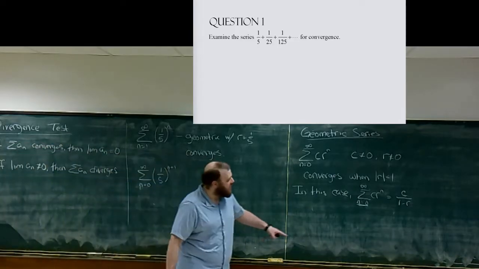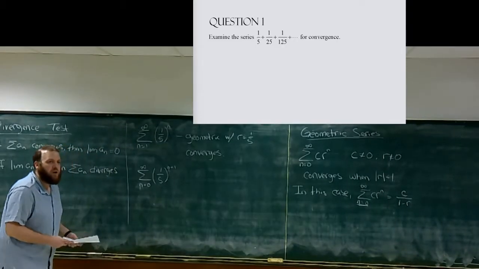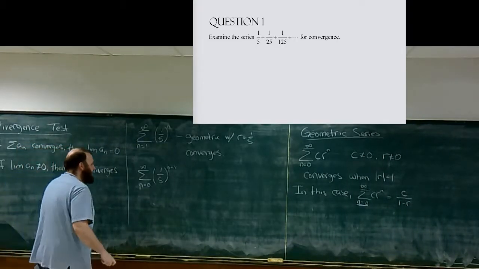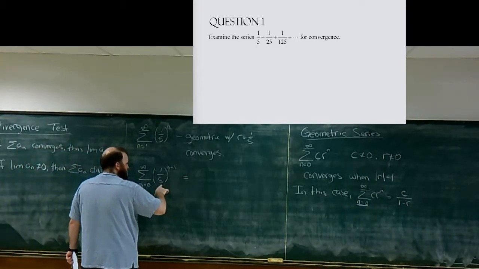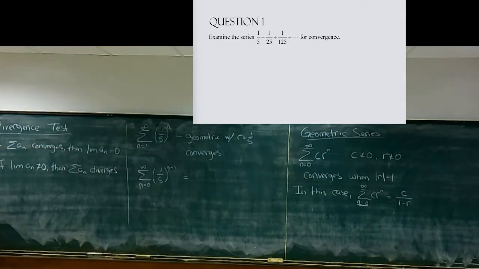Okay, well, I'm still not in this form. But 1/5 to the n plus 1. If you have a to the n plus 1, how can you rewrite that?